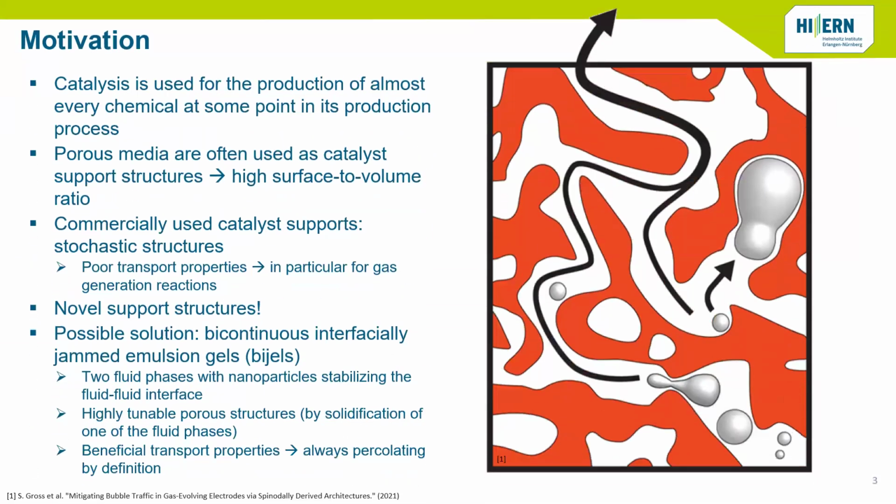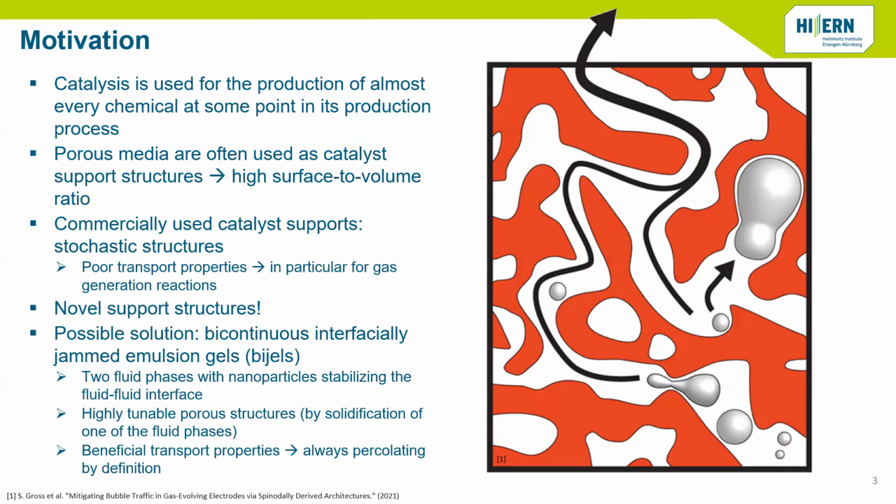Well, but first, the motivation why we're doing all this. Catalysis is basically used for the production of almost every chemical at some point in its production process. And porous media are often used to hold these catalyst particles, so they're basically the catalyst support structures. That's because of their high surface to volume ratio. Generally, the structures used commercially are stochastic, and this means that they have generally poor transfer properties, unfortunately.